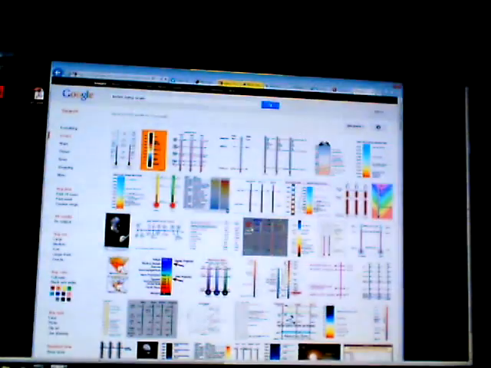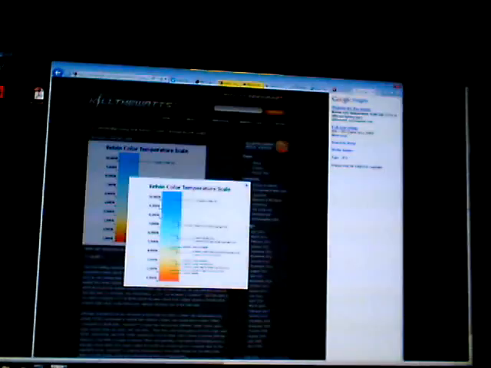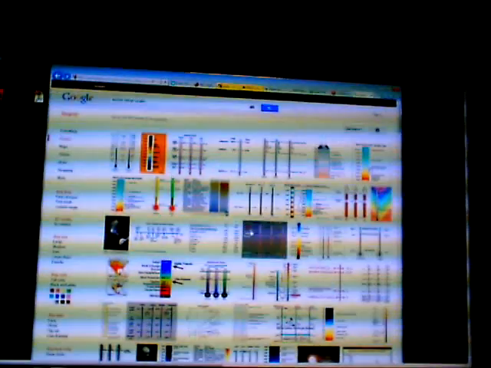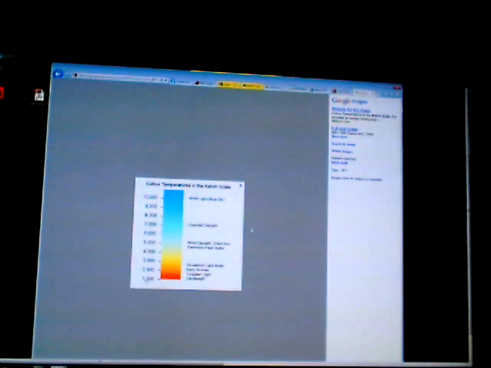So with that in mind, like I said, this black body radiator heats up, and then we get this scale of temperature, and that temperature scale is called Kelvin. So if you take a look at the Kelvin temperature scale, you'll see that basically your candlelight, things of that nature are going to be here.